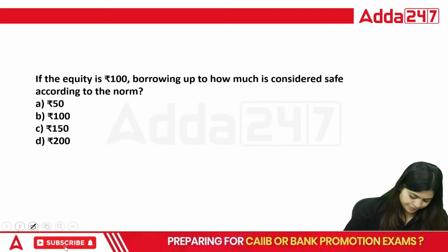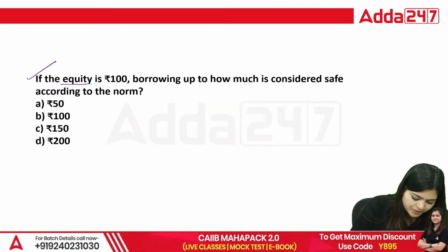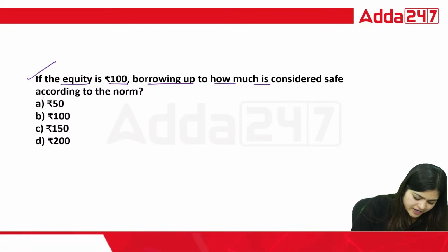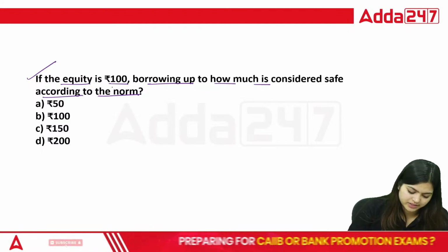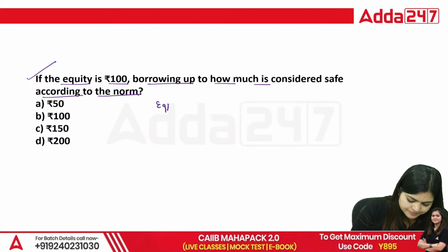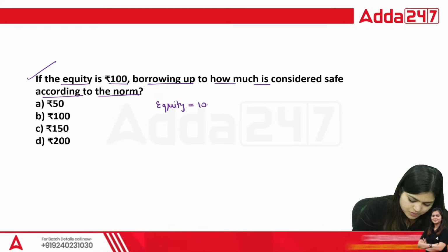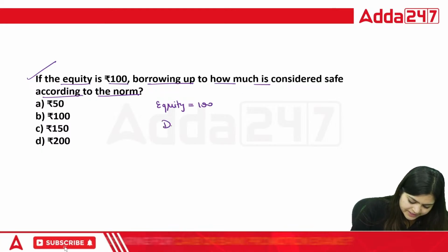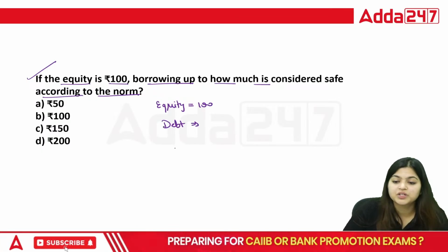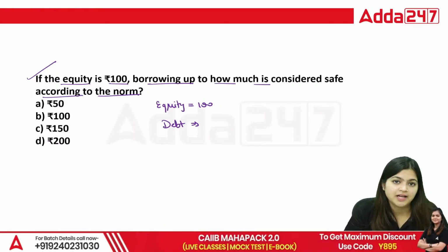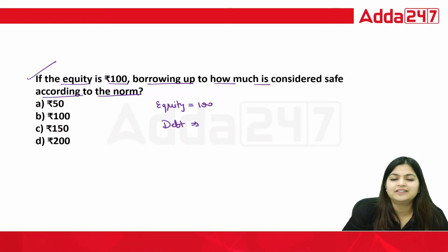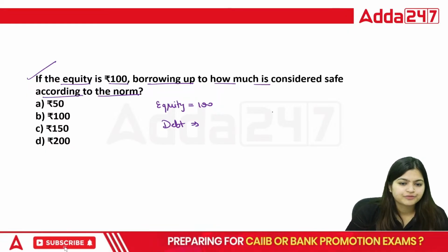Now coming to the next question: if the equity is 100, borrowing up to how much is considered safe according to the norm? If equity is equal to 100, they are talking about debt as per norms, guidelines and standard working. How much debt is allowed? 50, 100, 150, 200.